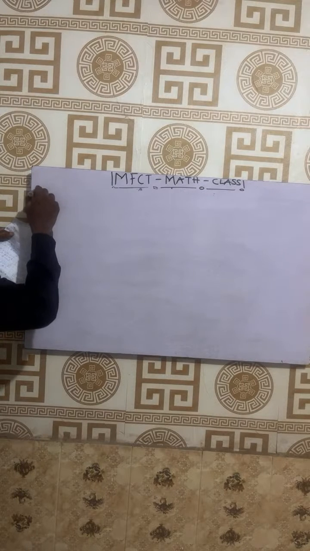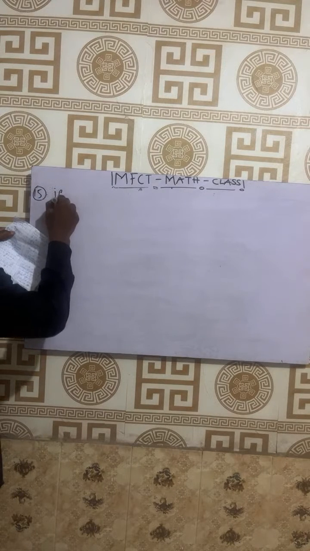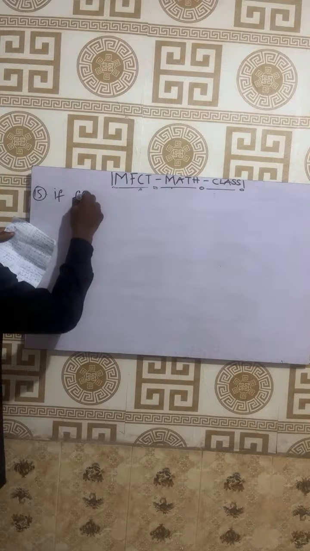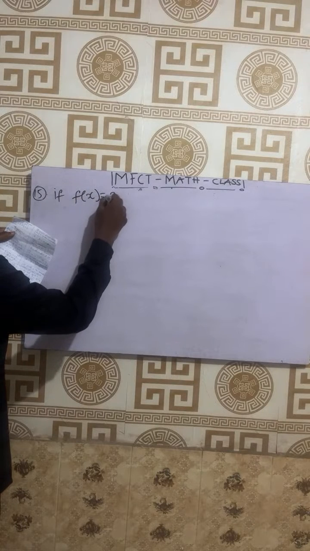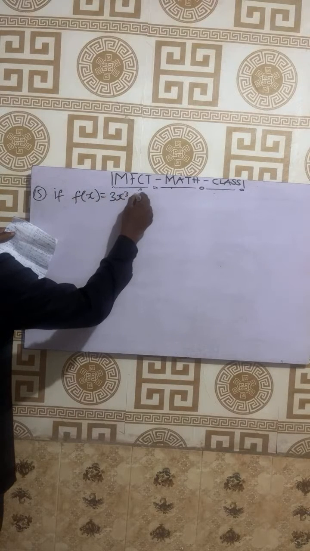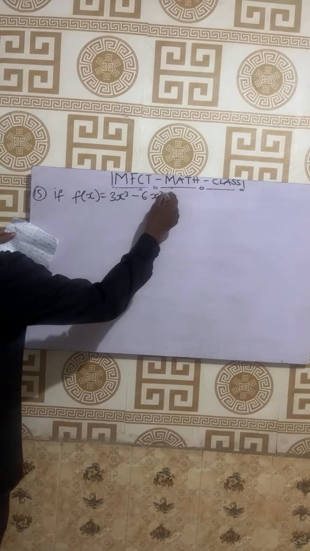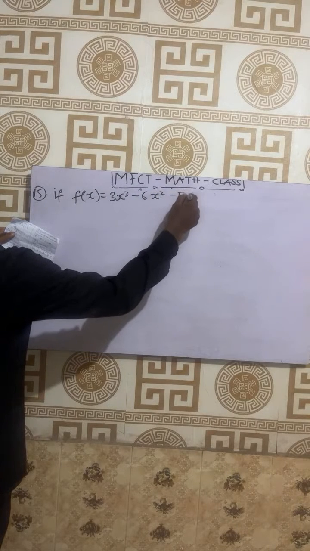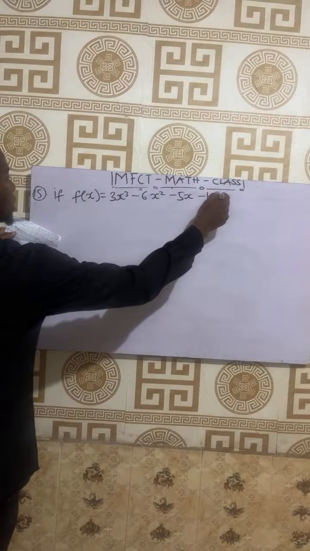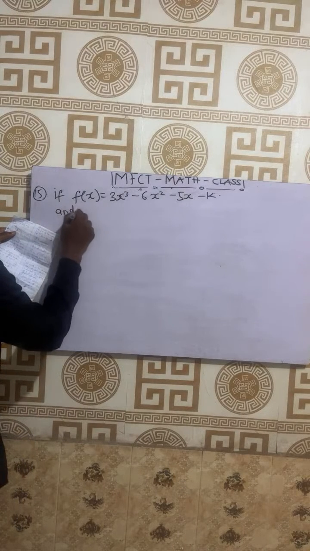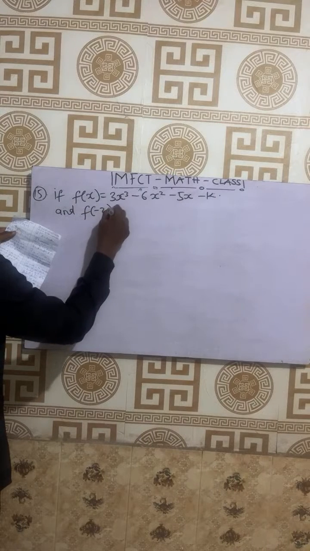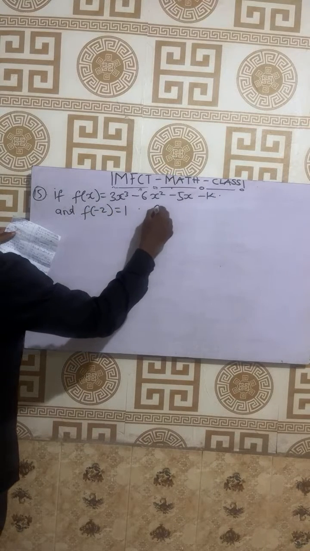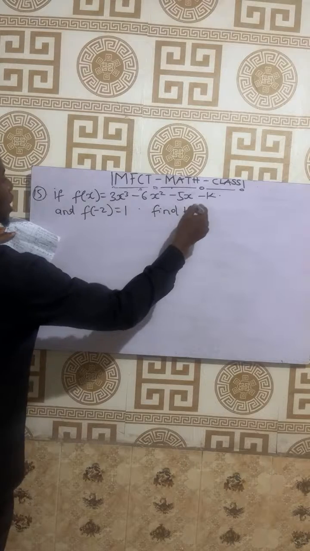Question 15, if f of x equals 3x cubed minus 6x squared minus 5x minus k, and f of minus 2 is equals to 1. Find k. Guys, look at this question.